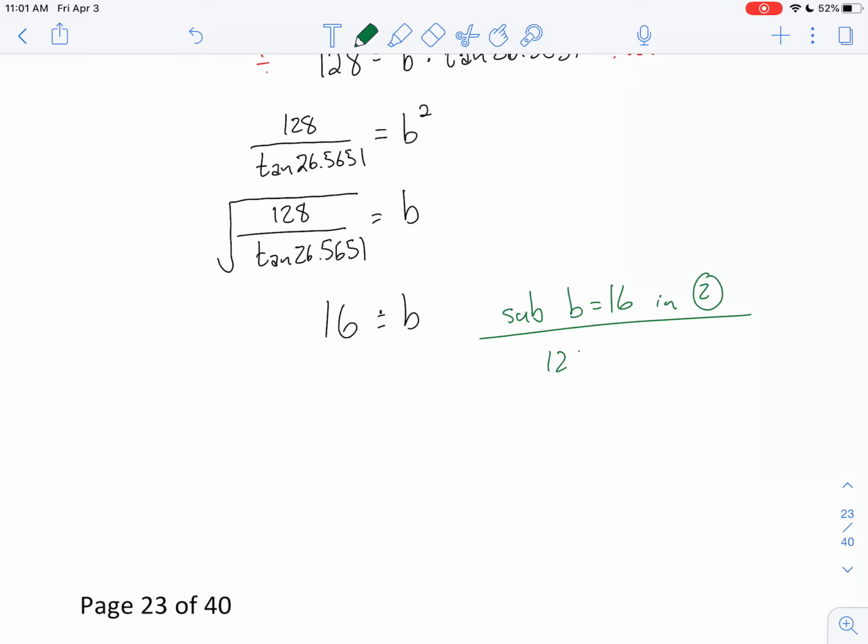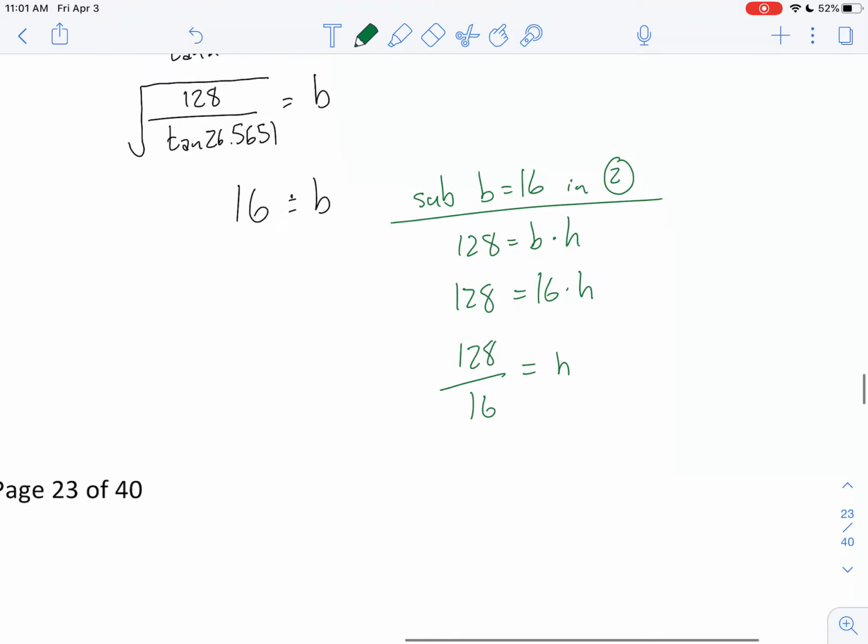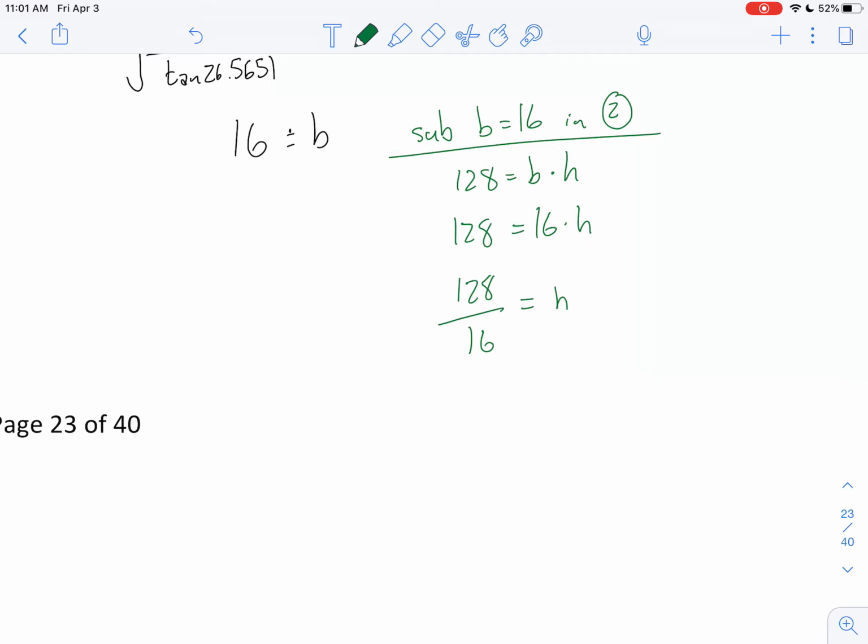And that was 128 is equal to base times height. So 128 is equal to base is 16 times height, or 128 divided by 16 is going to have to equal to my height. Looks like we could reduce that. Oh, it goes in evenly, doesn't it? 8 times 16 is going to be equal to 128.